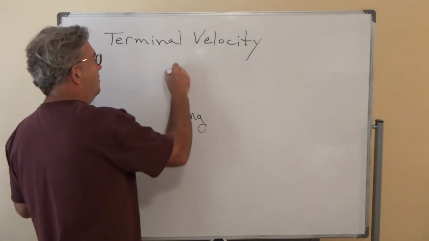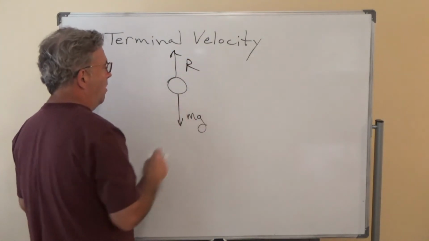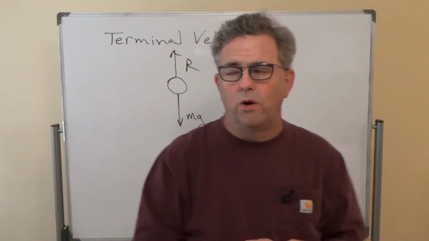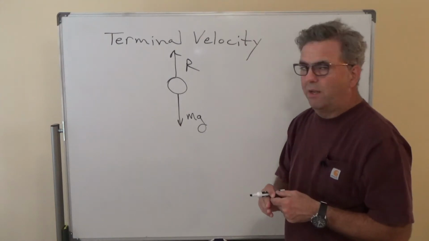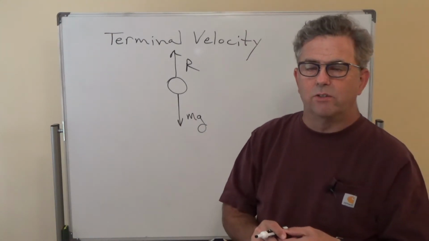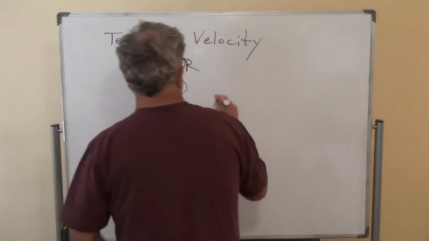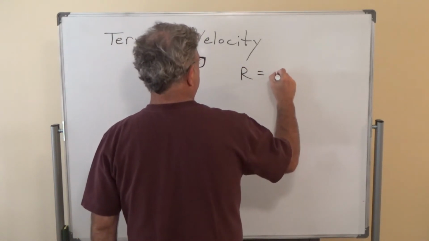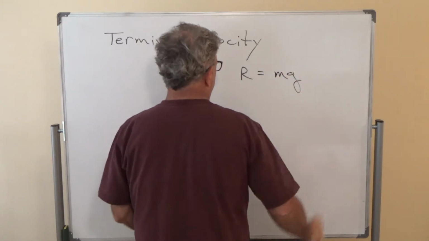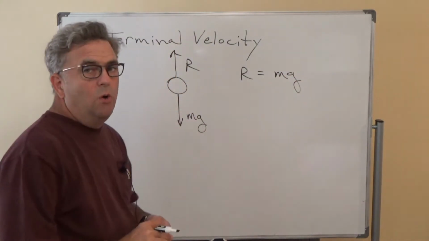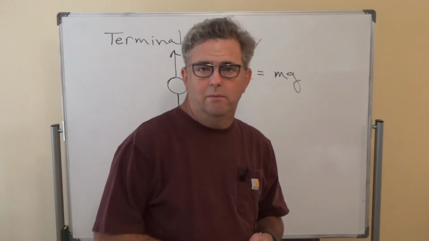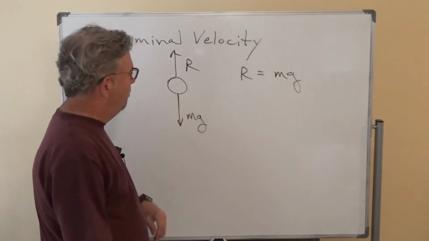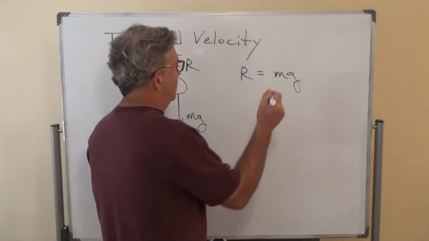Because now you have this resistive force, which I'm going to call R. Okay? That resistive force, just like I was talking about, is based on several factors. And once R magnitude equals mg, it's no longer accelerating, right? Those two forces are equal. The net force, this is terminal velocity.